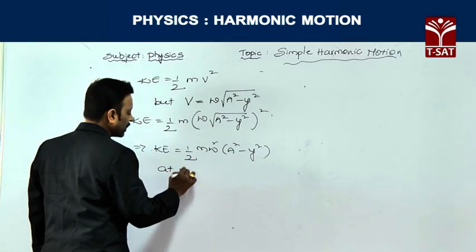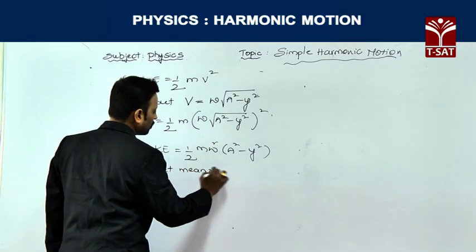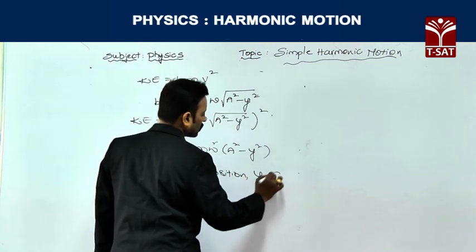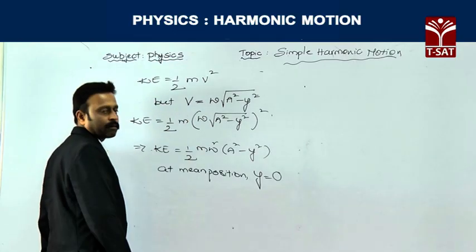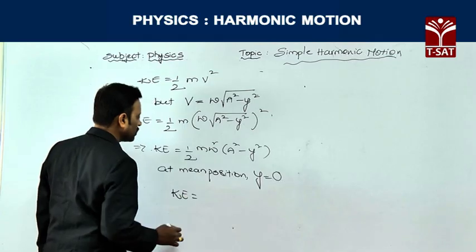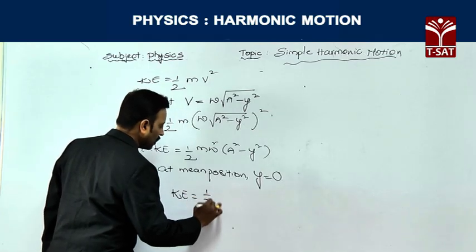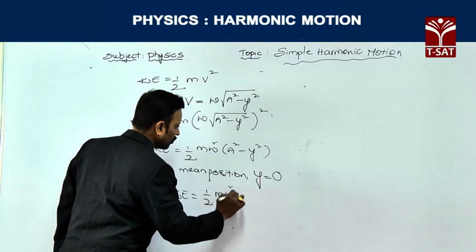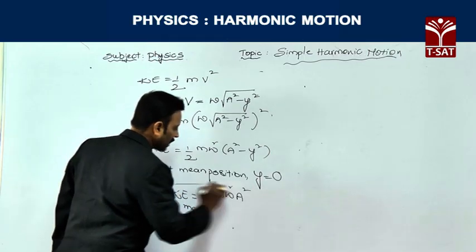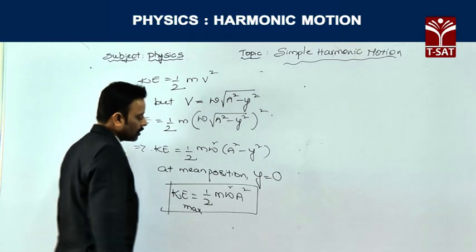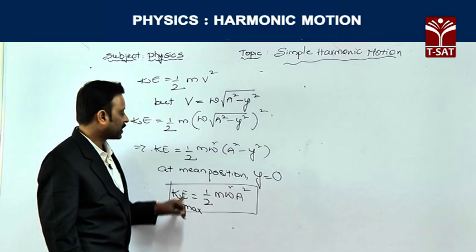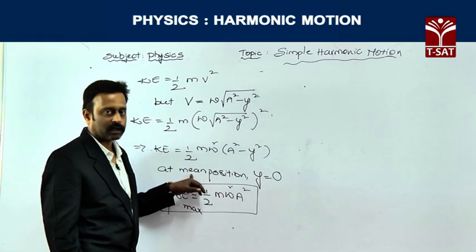Now, at mean position, since the displacement of the particle is 0, kinetic energy is half m omega square a square, which is maximum. So, the particle will be having maximum kinetic energy when it is located at a mean position.